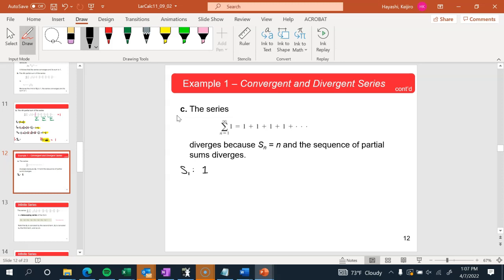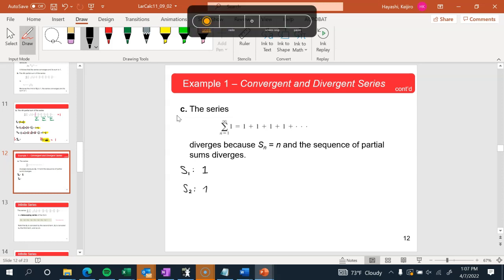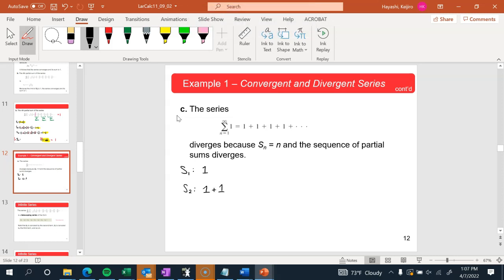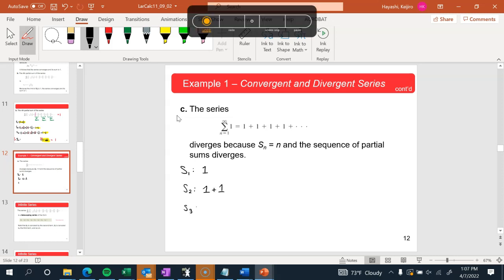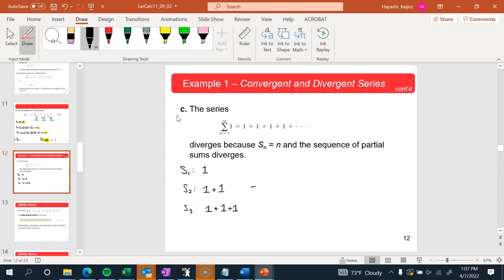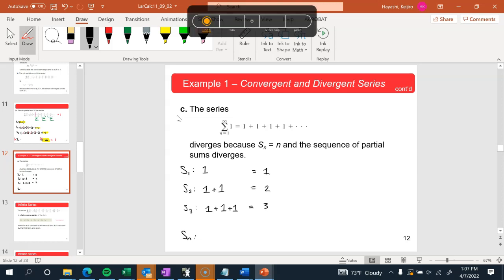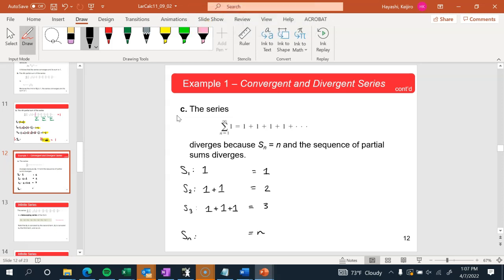So the first partial sum is 1. The second partial sum will be 1 plus 1. The third partial sum will, of course, be 1 plus 1 plus 1. So you can probably deduce that the nth partial sum is literally just n.